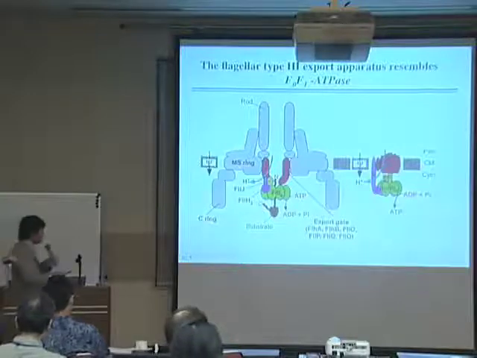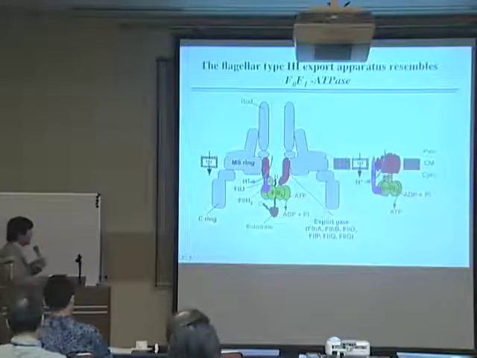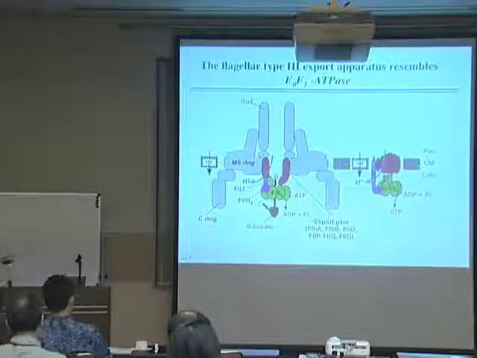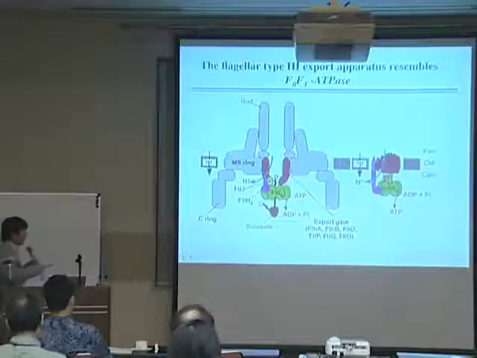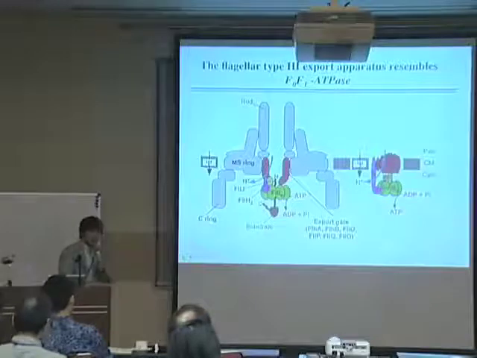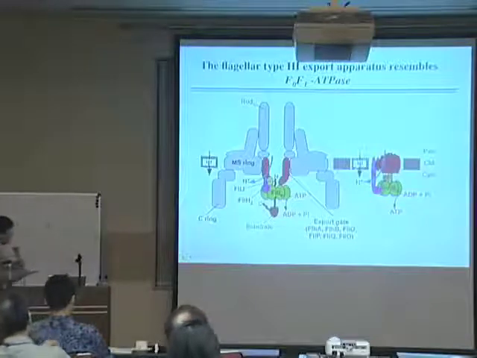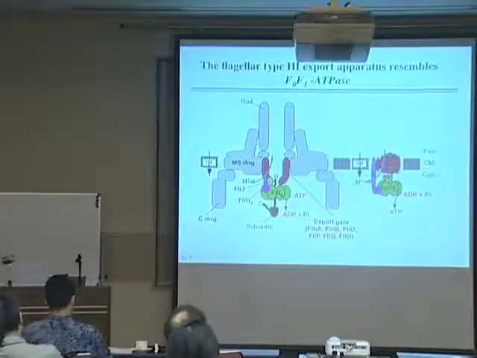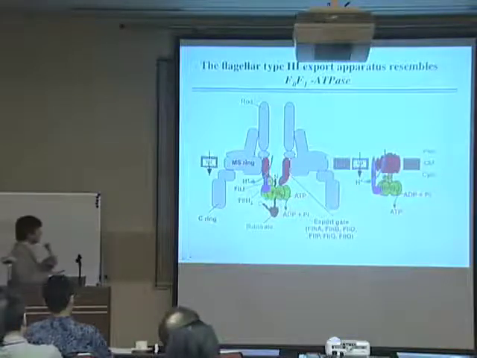So we think that this F0F1 machine is a very basic enzyme for living organisms. It is located in the center of the larger structure.